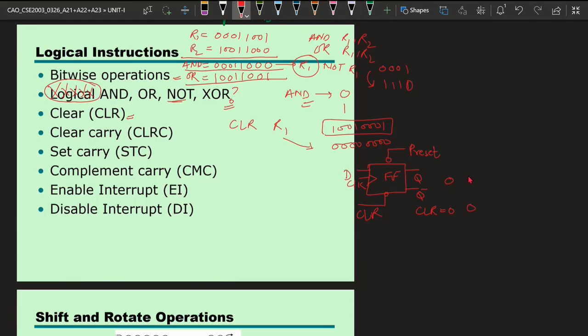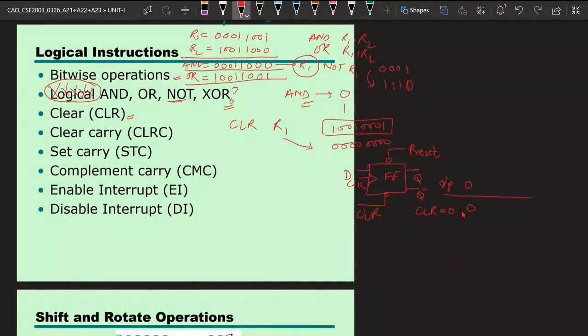This was the input, or you can consider the output of the flip-flop. So the output of the flip-flop is suppose 0.